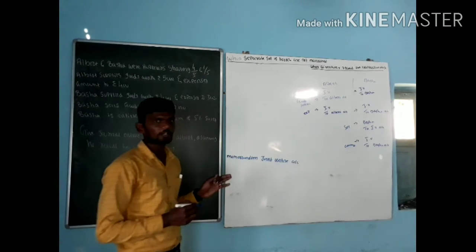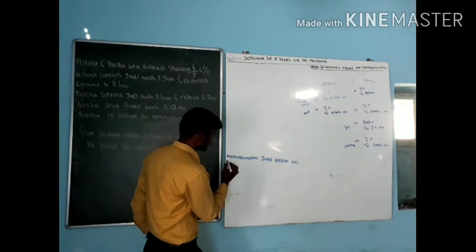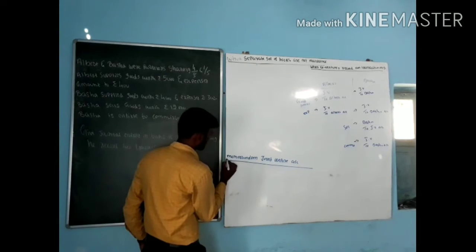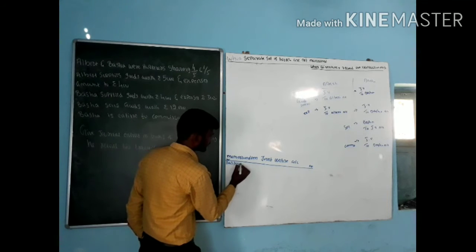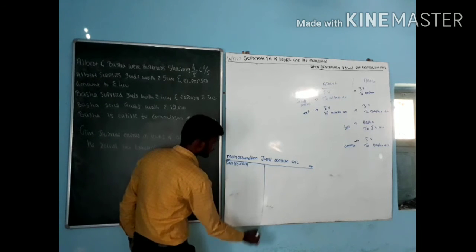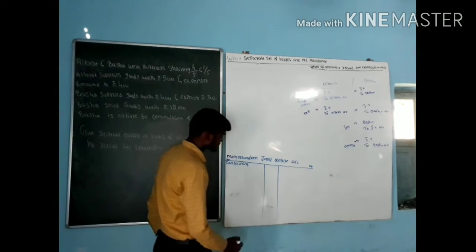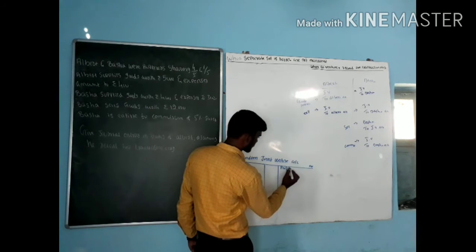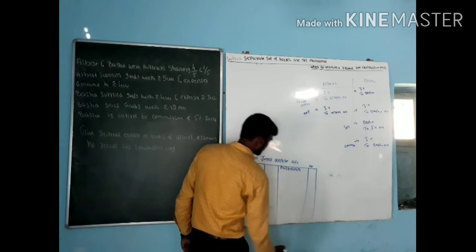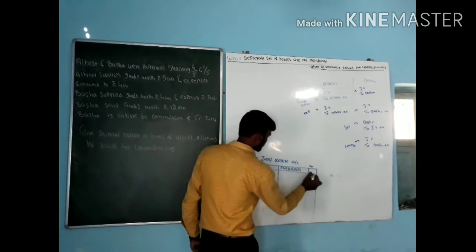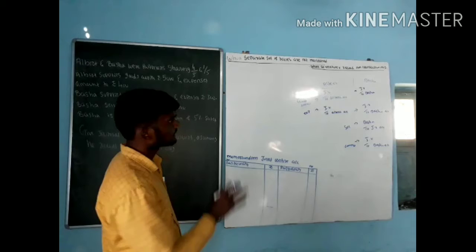This account is prepared mainly to identify whether they got profit or loss. This account is prepared while using the first method, when they are not maintaining any separate set of books of accounts. See, memorandum joint venture is nothing but your joint venture.